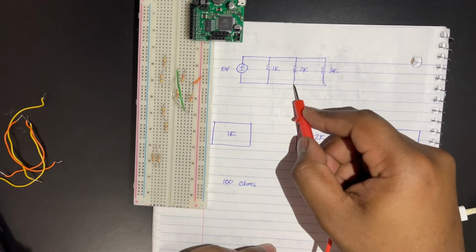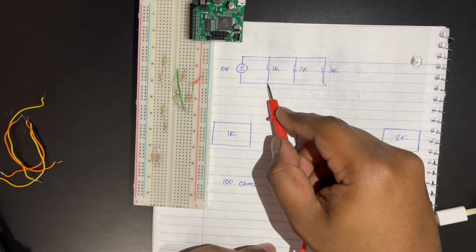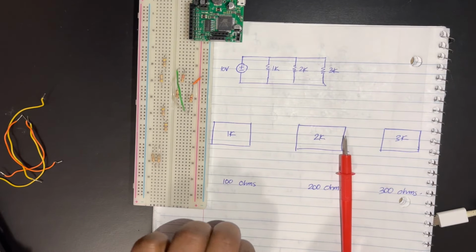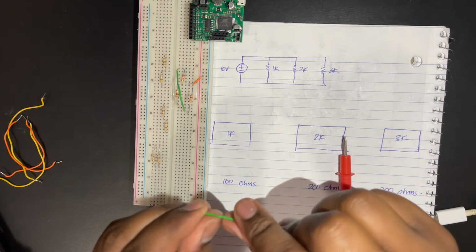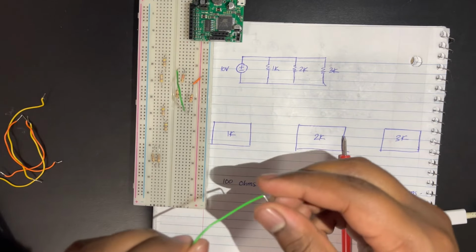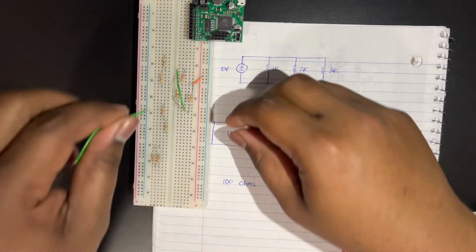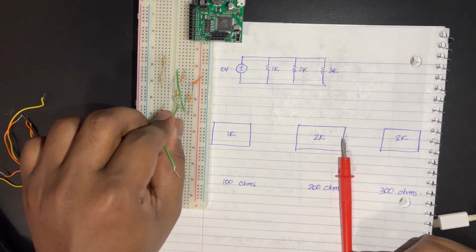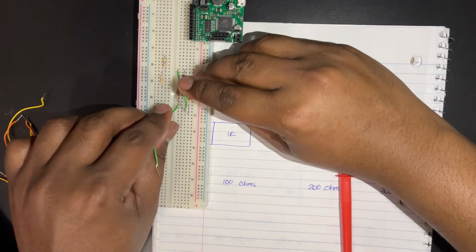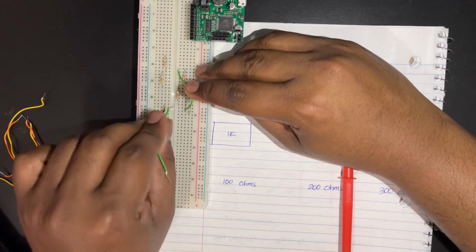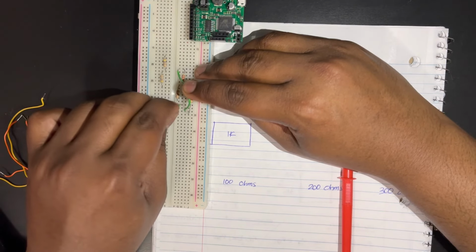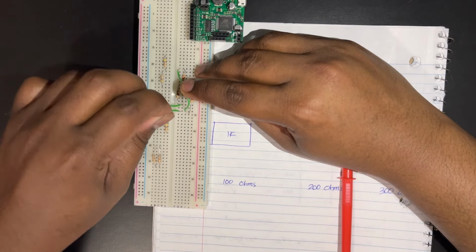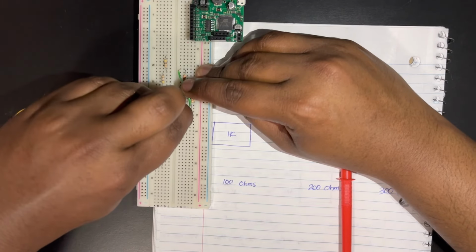So I just connected this end to this end. Now I'm going to connect this end to this end, which basically means all these ends are connected, and the parallel circuit would be complete. So this was 1K over here. If you can see properly, this was the end of 1K. So I'll just grab this and connect it over here.